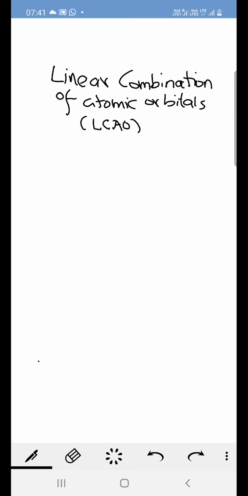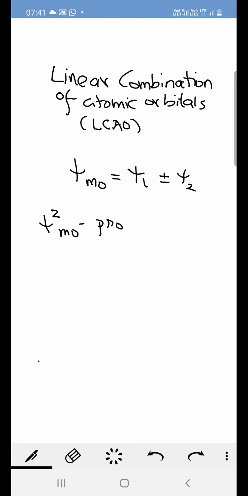So you can write the wave function of MO is equal to psi1 plus or minus psi2. These are the wave functions for atomic orbitals. And so psi square of MO is the probability of finding an electron in the particular state.